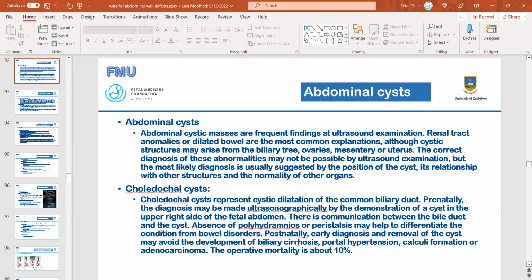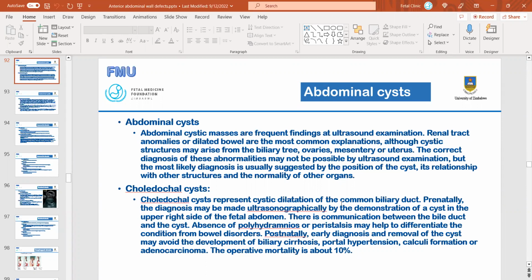Normally it's a very tricky situation to diagnose the cyst and say what it is. But what helps in terms of diagnosis is to know the position of the cyst. And also remember anatomy. If you know your anatomy, you know what is where in the human body. So your knowledge of anatomy will help you to approximate the likely cause of the cyst.